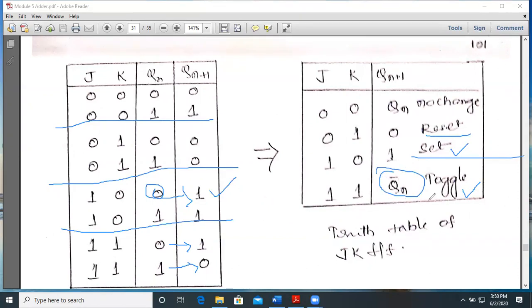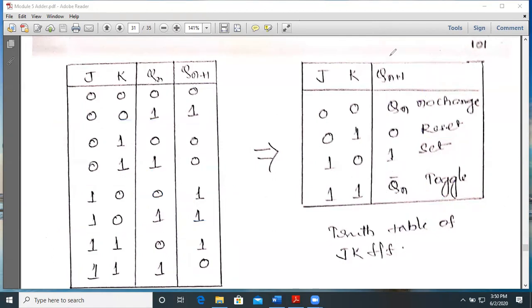That means complement of the previous state. So Qn plus 1 becomes our present state, and Qn represents the previous state. So this becomes the truth table of the JK flip-flop.